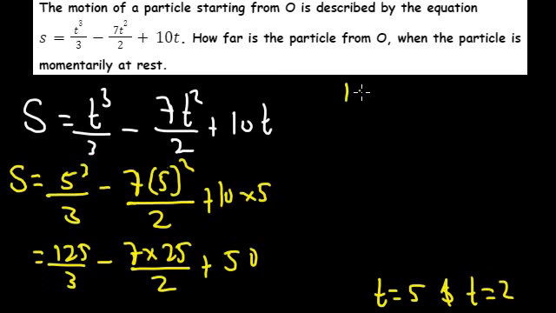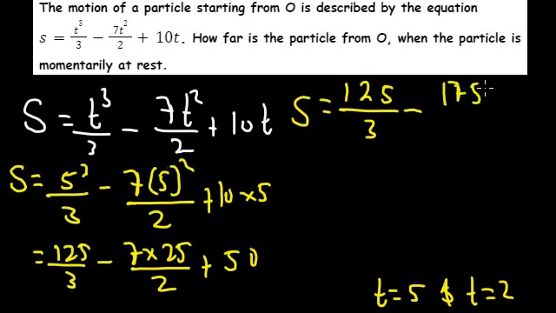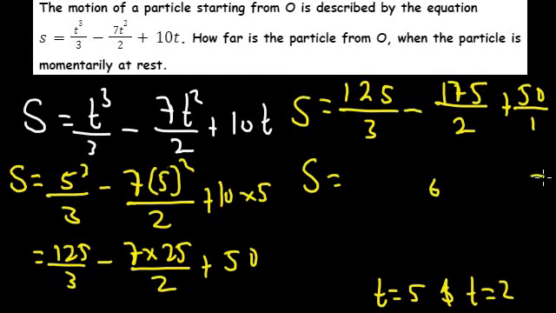So we have the displacement equal to 125 divided by 3, minus 7 times 25, that gives us 175 divided by 2, then plus 50 divided by 1. So the LCM, let's consider that to be 6. 3 into 6 gives us 2, and 2 times 125 gives us 250.